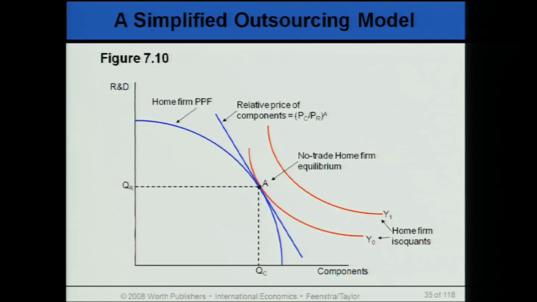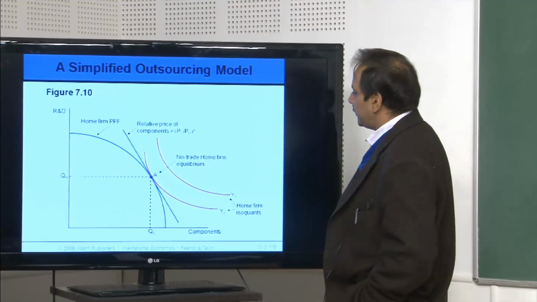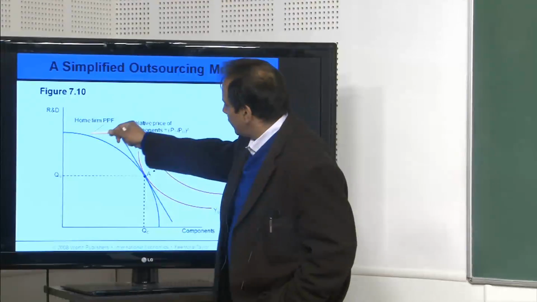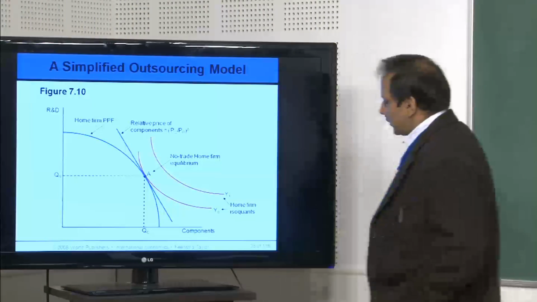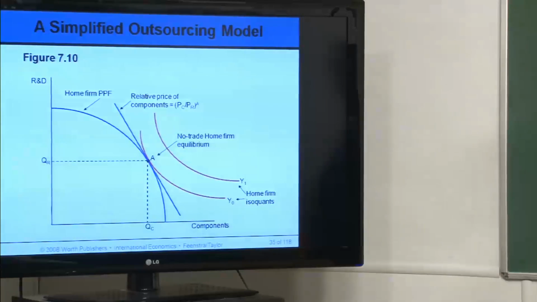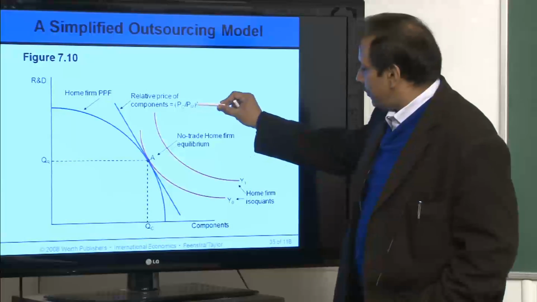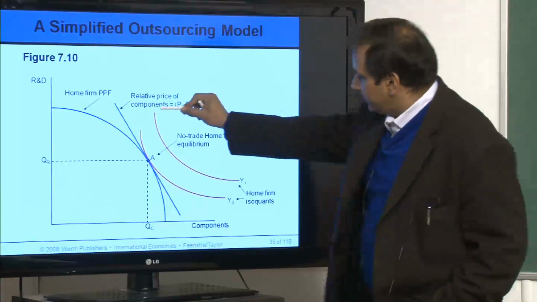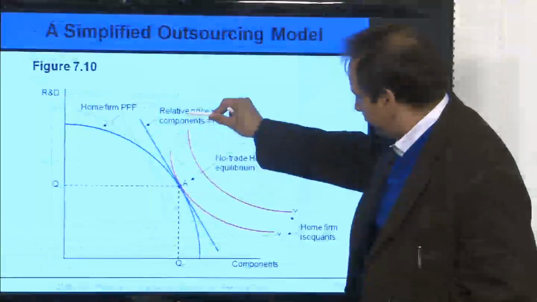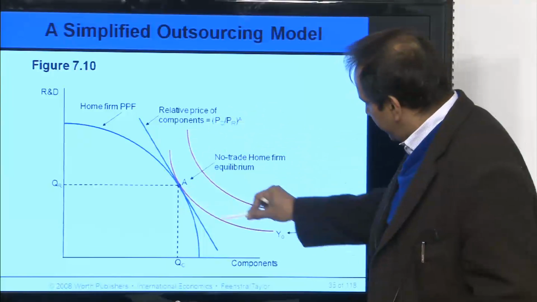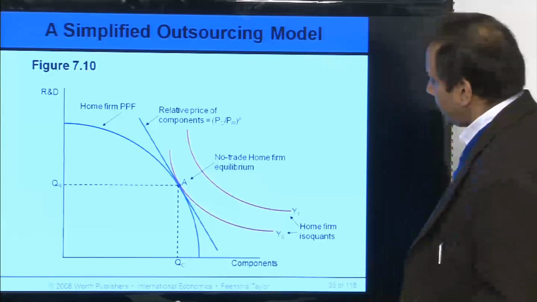Now, the difference between the earlier diagrams that we have discussed and this diagram is that there is a PPF which is concave to the origin, depicting that if you move from left to right, the relative price of component goes up. Relative price of component is PC by PR. The difference here, generally you have an indifference curve, but here you depict the home market isoquants.